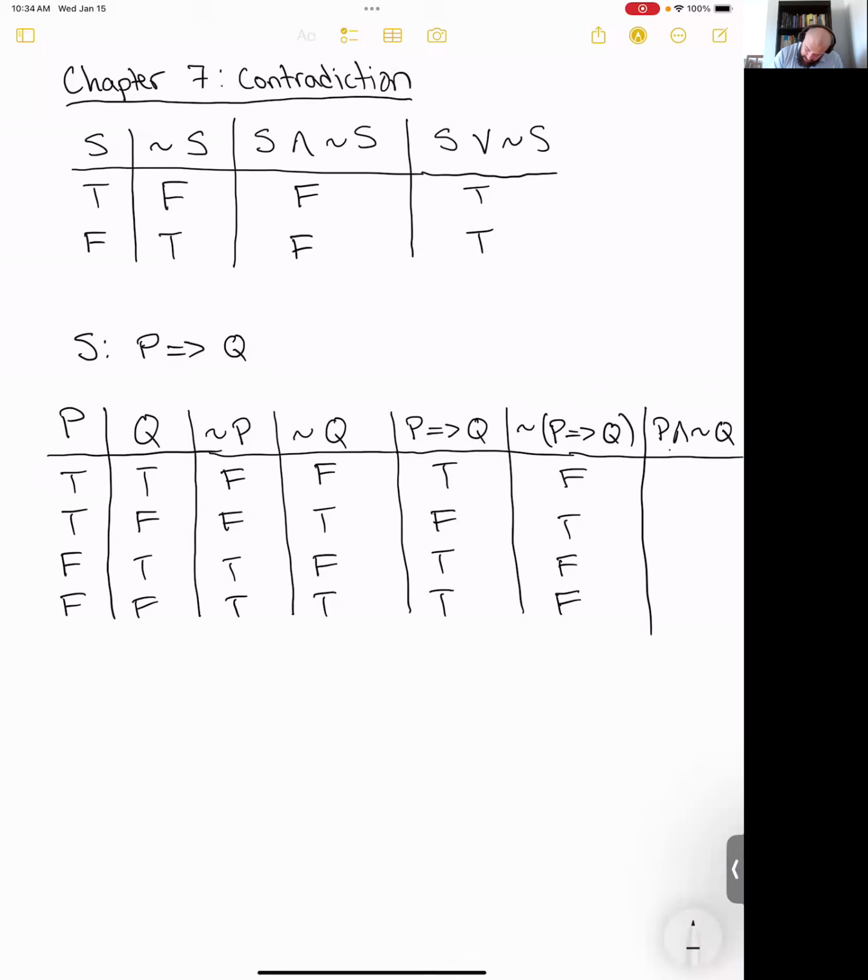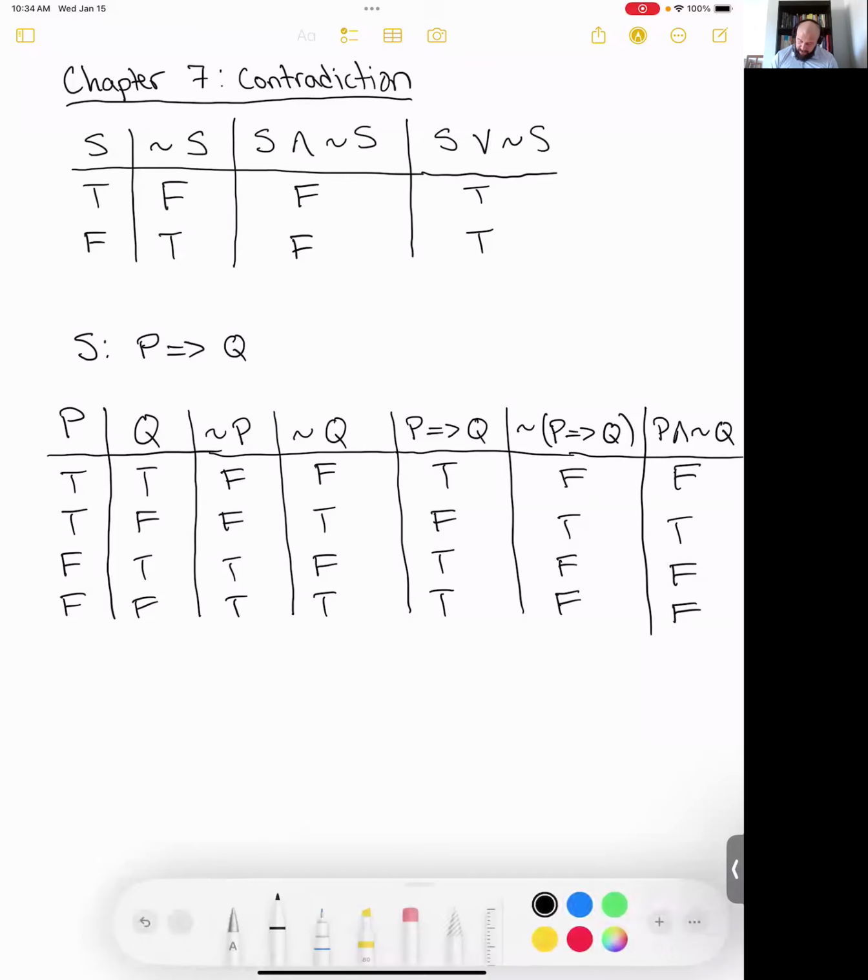And then we notice that P and not Q will line up the following way, right? We need both to be true. This would be true and false, so that's false. This would be true and true, so that's true. Then we get false and false, so that's certainly false, and then false and true, which is also false. And the point is that these are logically equivalent.